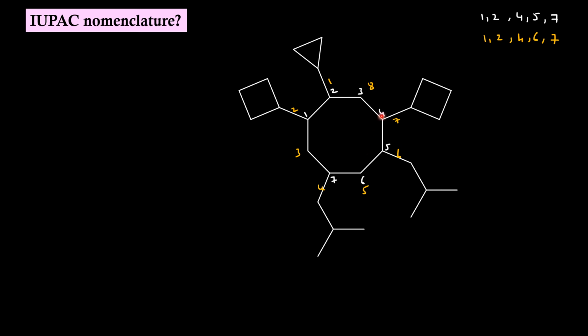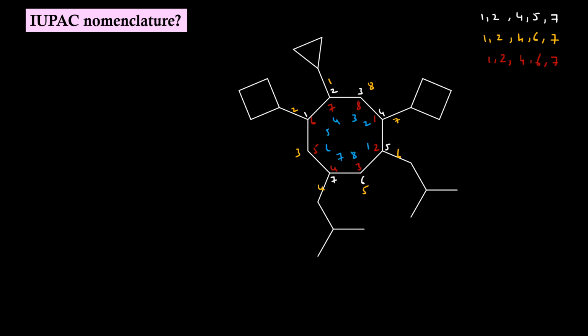If we try to number from this position, then 1, 2, 3, 4, 5, 6, 7, 8. Our locant set will be 1, 2, 4, 6, 7. If we try to number from this end, then it will be 1, 2, 3, 4, 5, 6, 7, 8.